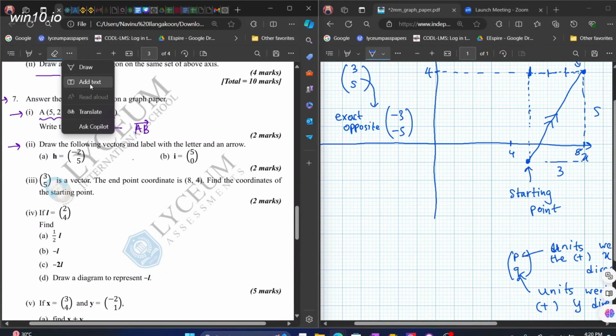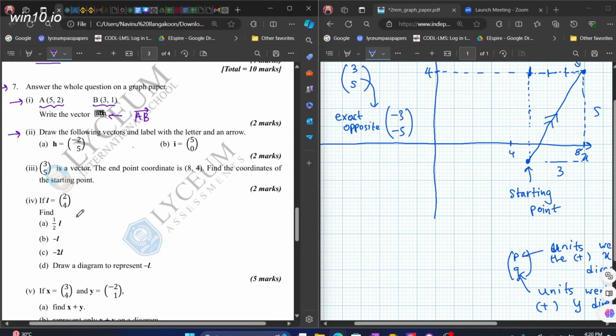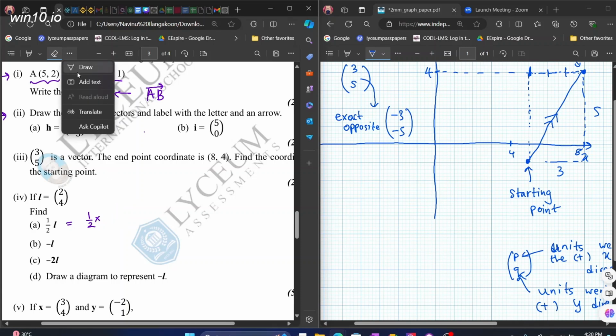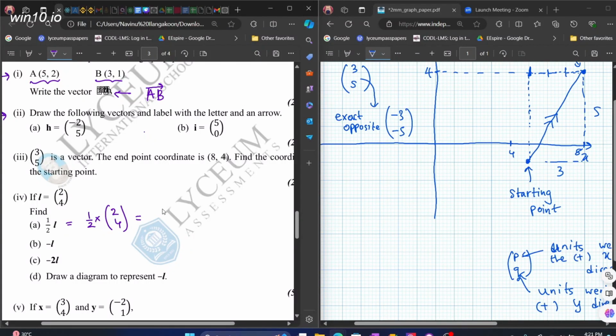In the fourth part, they are given a vector. If L is equal to (2, 4), find 1 over 2 L. So 1 over 2 times the vector (2, 4). What do we have to do? We have to multiply each of these elements. So 1 over 2 times 2 is 1. 1 over 2 times 4 is 2.